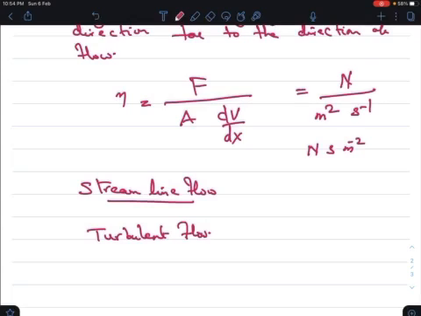Now next is critical velocity. Critical velocity is also associated with turbulent flow and streamlined flow.